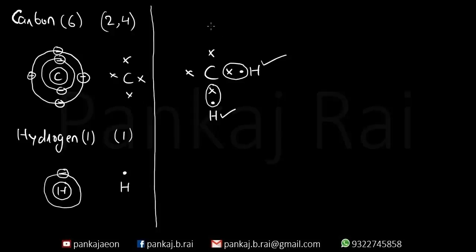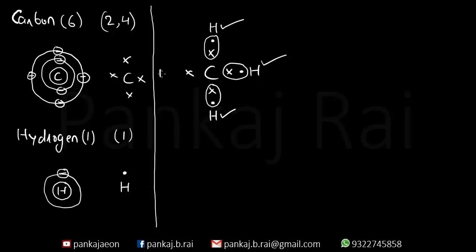Let's say there is one more hydrogen sharing 1 more electron with the carbon. So now this hydrogen has achieved its stability by having 2 electrons, one its own and one shared by the carbon, so it is stable, but carbon still has 1 more electron to go, that is it needs 1 more electron to complete its stability.